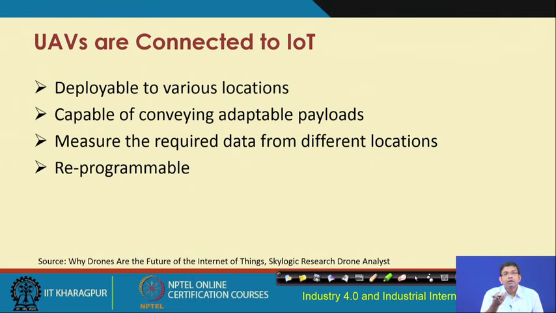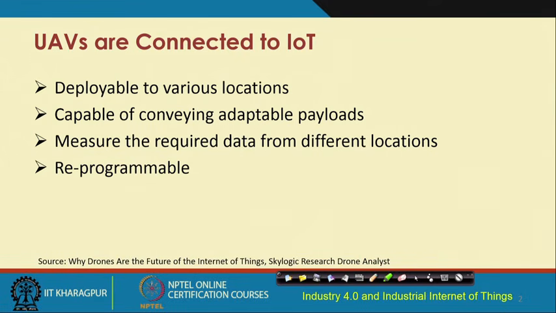UAVs could lift the load from one point in the industry and release the load at another point in the industry, and maybe it can do that in a much more efficient manner than the conventional means of transporting load in an industrial plant or a manufacturing plant.